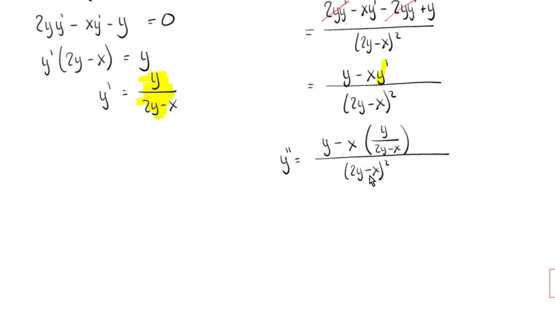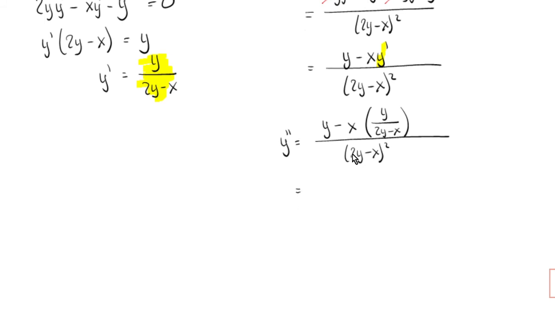And let's expand this, so multiply the x into this quotient here. And then we are subtracting these two terms. We're going to put it on a common division line. Let me move this out of the way.